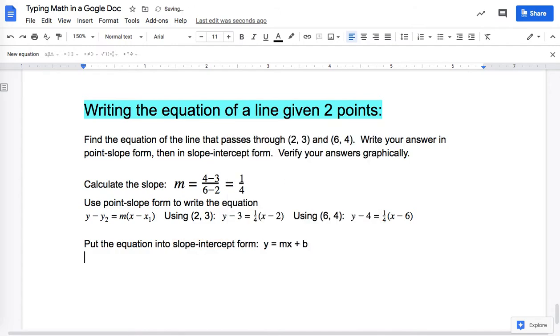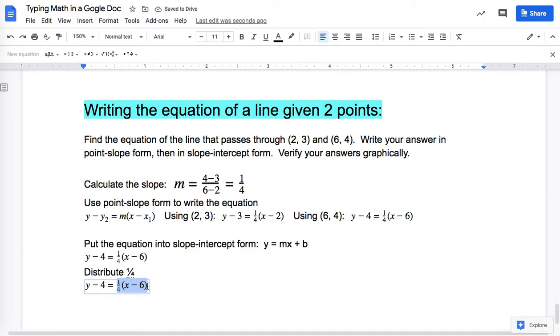So we're going to take our point slope form. We're going to distribute the 1/4. And when I do that, we're going to get 1/4 x minus 6/4. So I'm going to retype that in. 1/4 x minus 6/4 is the same as 3/2.